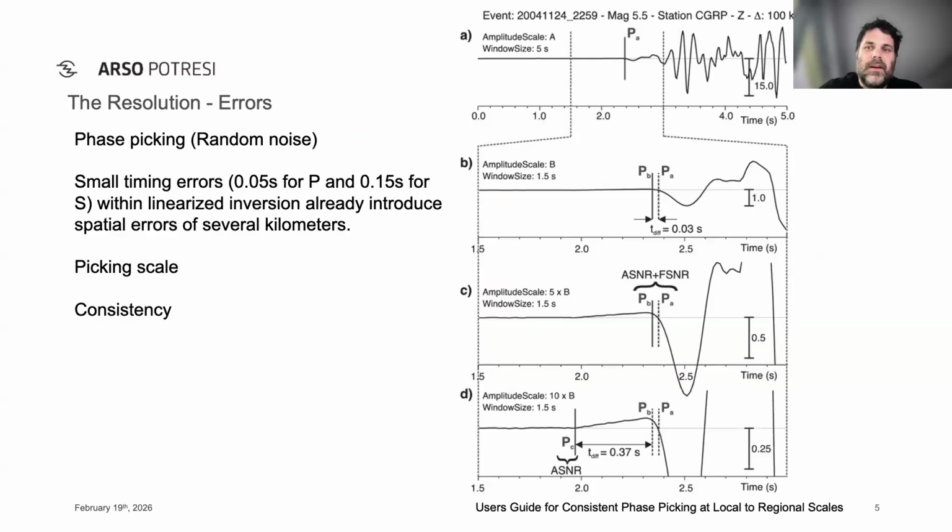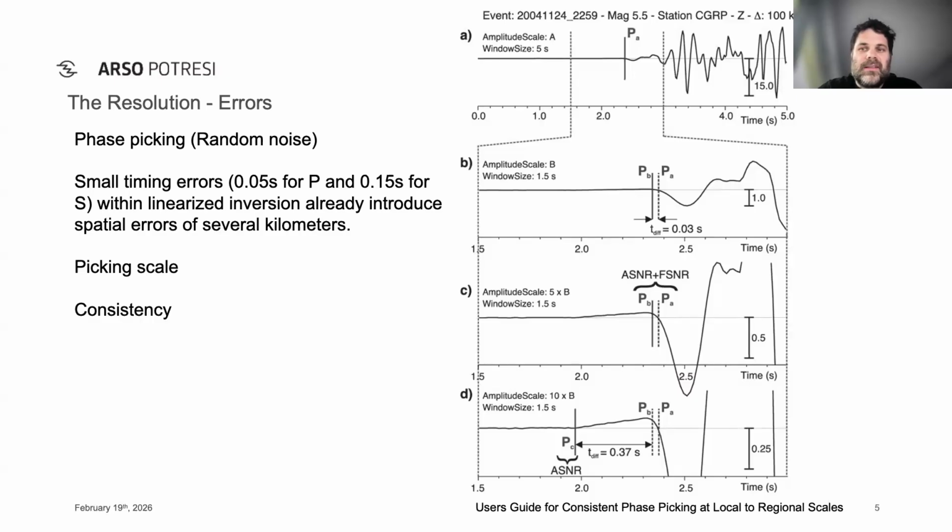Then the next source of error comes from the phase picking. So the process of identifying the exact moment when a seismic wave arrives at the station. Even if we have very small timing errors, this will compound very quickly. So you can think of error, let's say for a P wave arrival, errors normally are around 0.05 seconds, so really small.